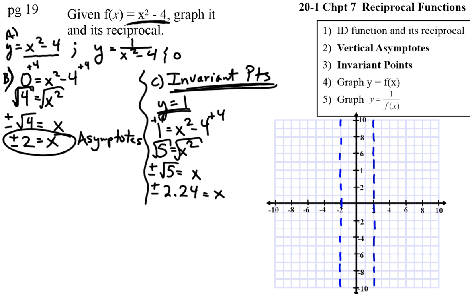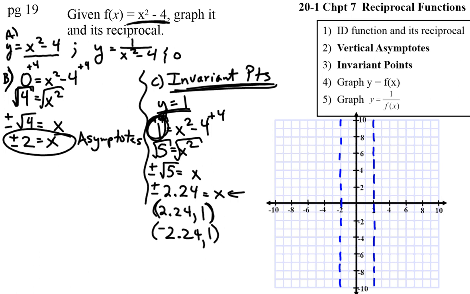So 2 of our invariant points would be positive 2.24 when the y value is 1. Don't forget, I create ordered pairs for my invariant points. There's x for y equals 1. The other x is negative 2.24 when y is 1. So I have 2 invariant points so far.